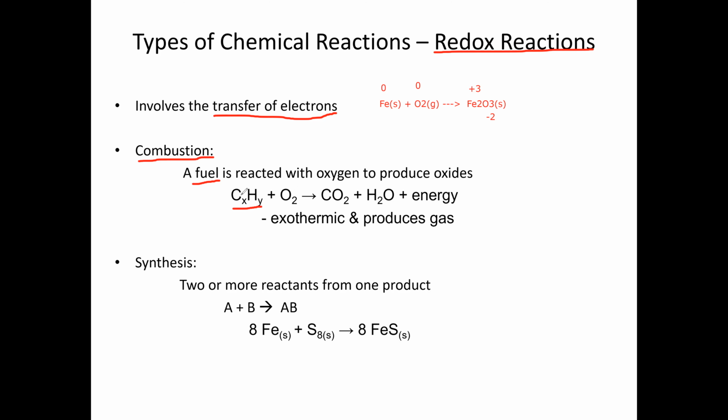It doesn't always have to be a hydrocarbon, and we'll give you an example of one that is not. And then it always reacts with oxygen gas. You have to have oxygen gas for it to combust. So you need a fuel, in this case a hydrocarbon, to react with oxygen gas, and you produce oxides of the fuel.